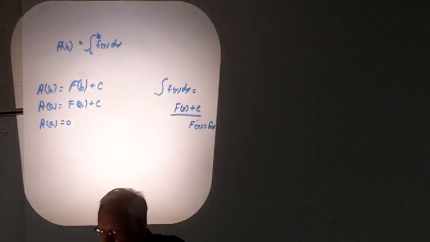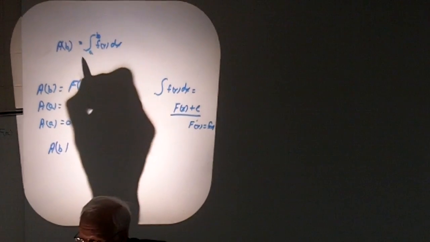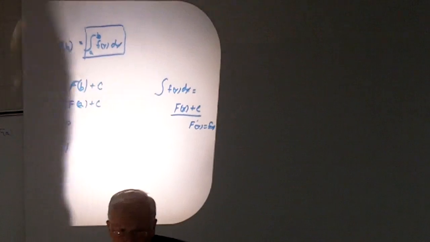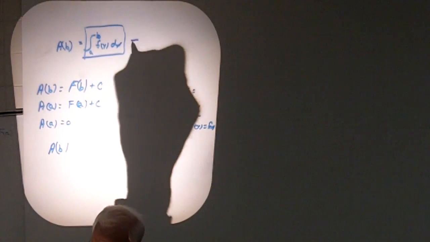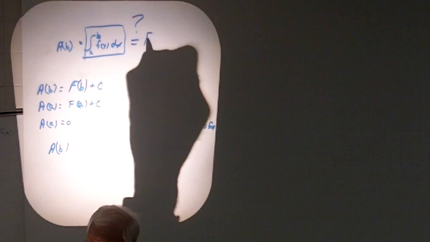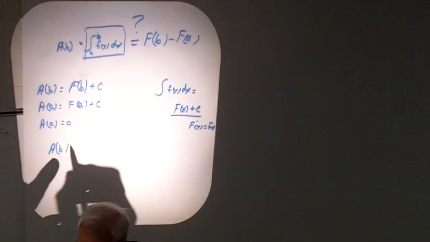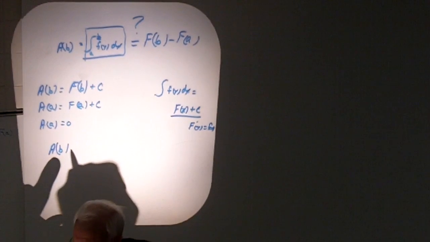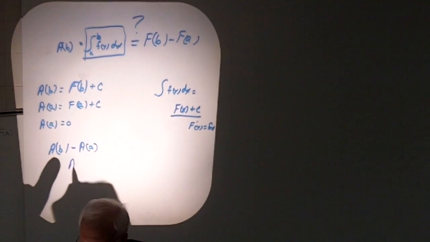Now, look what happens up here. A at b. Now, A at b is equal to this quantity, right? We proved that. We got that all done. But now, is this going to be equal to, there's the big question, is this going to be equal to F at b minus F at a? Lo and behold, it does, because look at here. Here's F of b minus F at a, like this, and this is still equal to this, right?